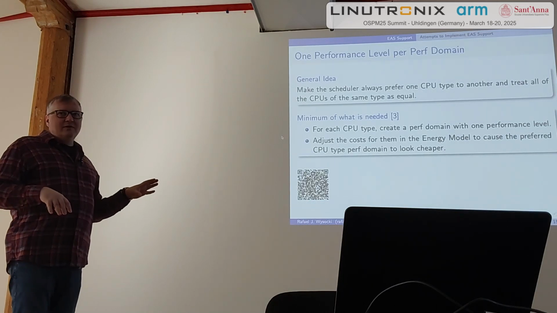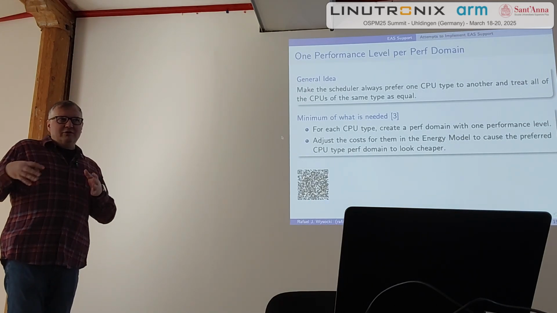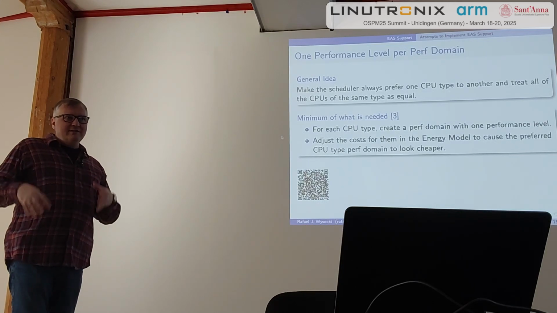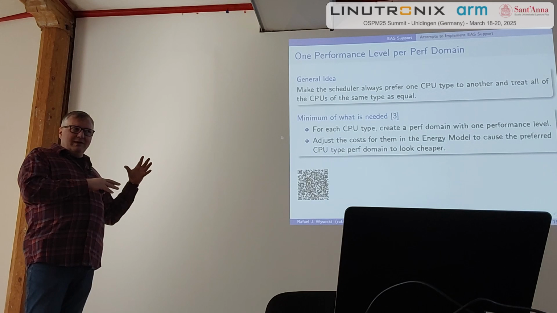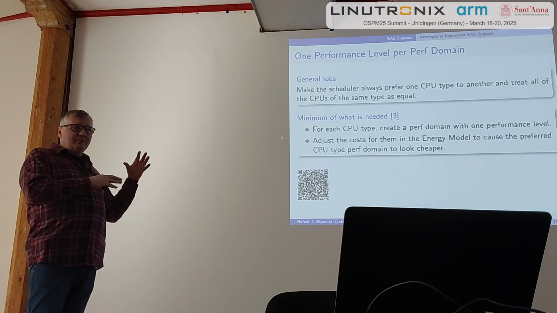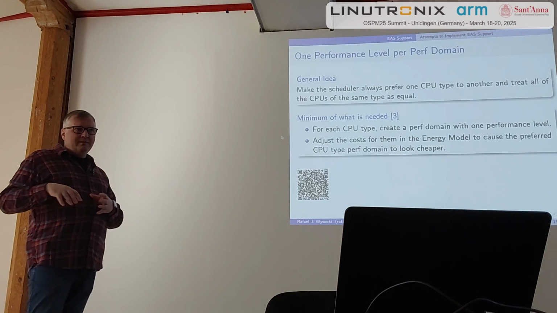So it's very simple. If the capacity is sufficient on the small cores, we want to run there. If it is not sufficient, we want to overflow. Then when it becomes sufficient again, we want to move everything back to them, and so on.